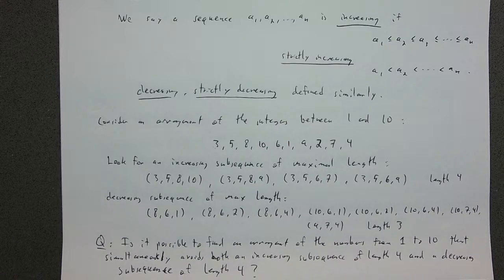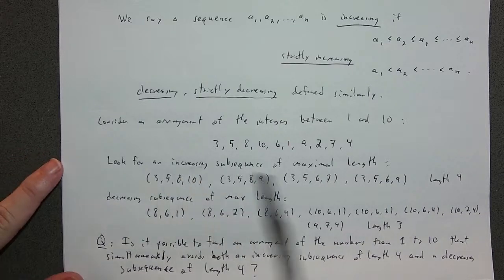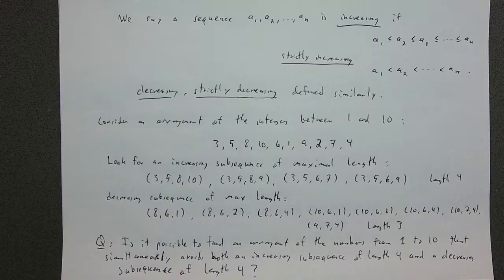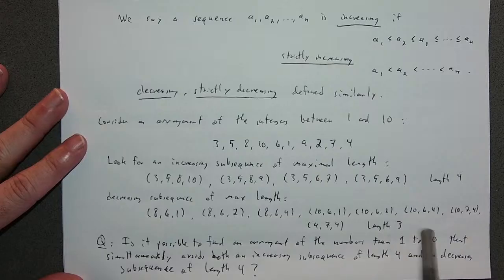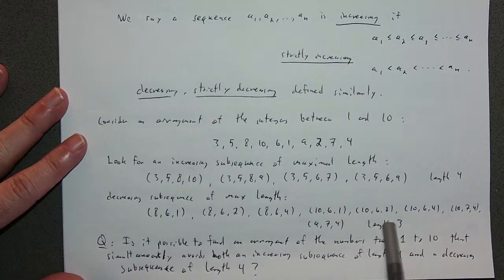So, for instance, this arrangement clearly doesn't, since it has multiple length 4 increasing subsequences. It doesn't have any length 4 decreasing subsequences, though. That's what lets us ask this question. The biggest a decreasing subsequence could be here is length 3.